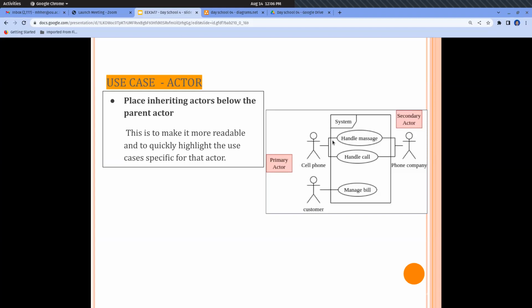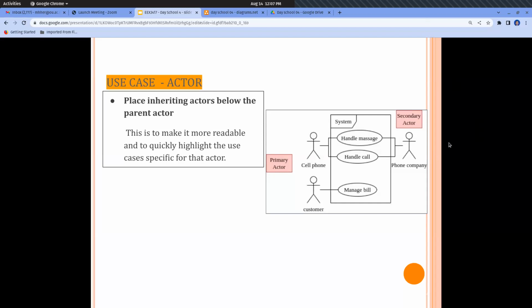After that, according to the priority and the parent and child relationship, the parent actor is upper and the child actor goes lower. Sometimes this child actor also becomes a parent to another actor.